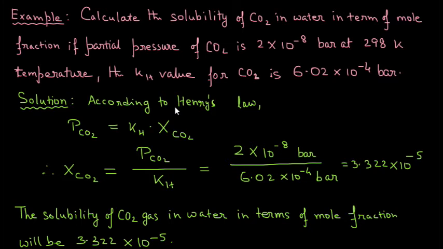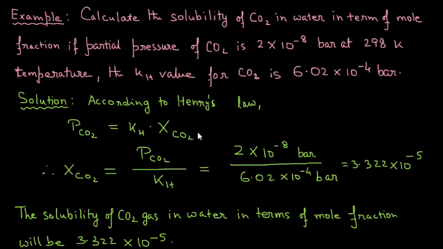Calculate the solubility of CO2 in water in terms of mole fraction if partial pressure of CO2 is 2 multiplied by 10 to the power minus 8 bar at 298 K temperature, and KH value for CO2 is 6.02 into 10 to the power minus 4 bar.